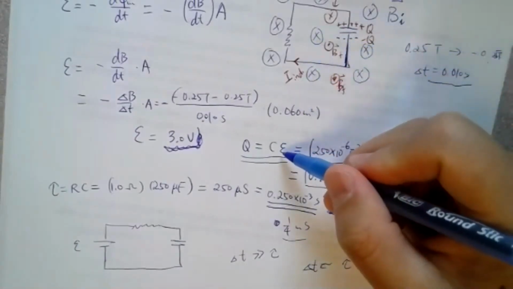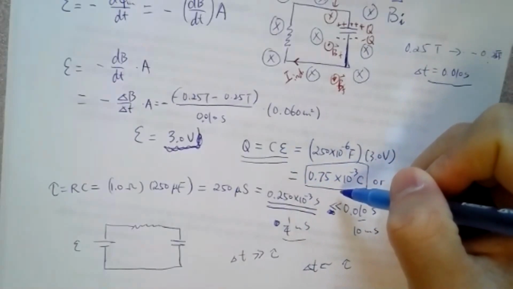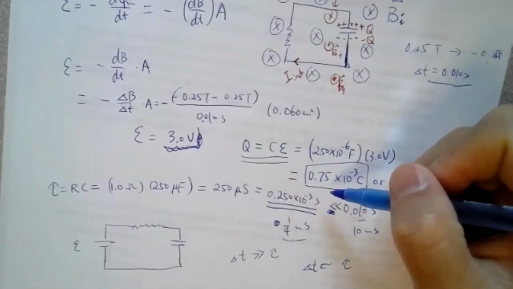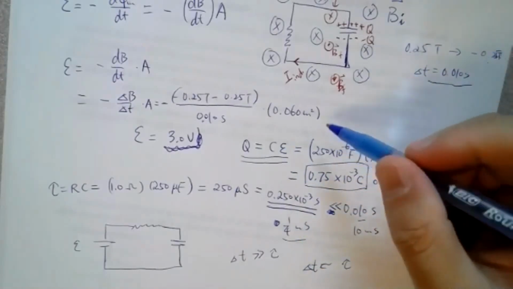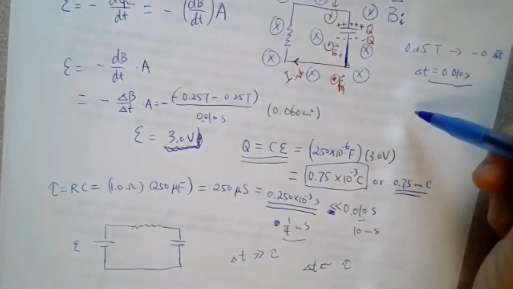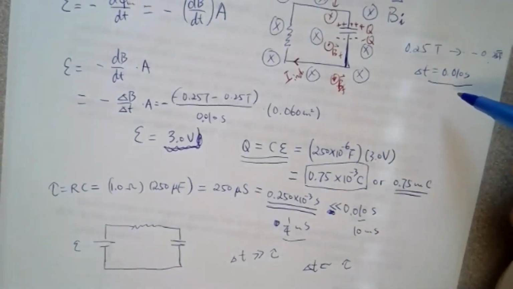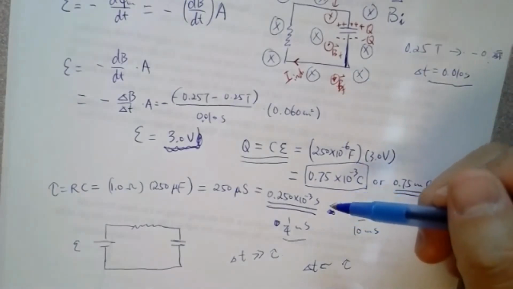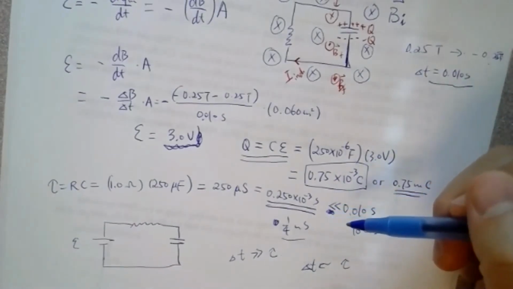So you cannot use this to calculate the final charge. It's still in the charging process, and you would have less charge than in this case, because delta T here, 0.010 seconds, is much greater than your time constant tau.